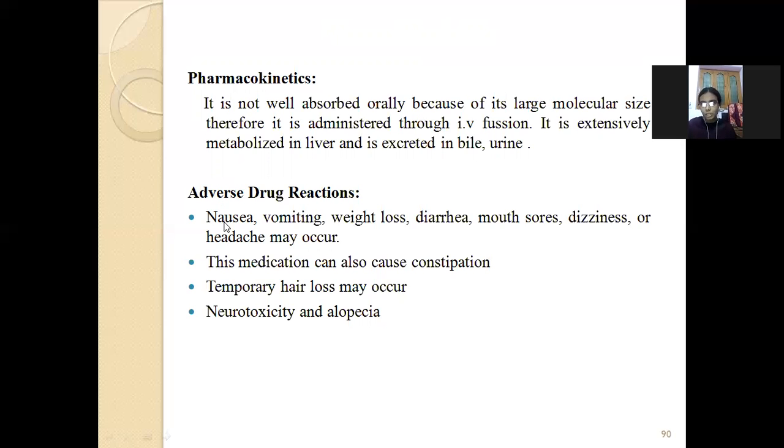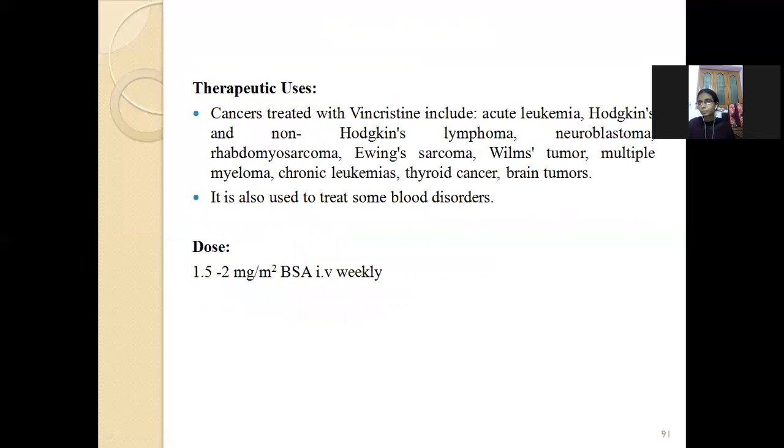Adverse drug reactions are nausea, vomiting, weight loss, diarrhea, mouth sores, dizziness, or headache. This medication may also cause constipation, temporary hair loss, alopecia, and neurotoxicity. It is used in the treatment of leukemia, Hodgkin's disease, non-Hodgkin lymphoma, neuroblastoma, Ewing's sarcoma, Wilms tumors, multiple myeloma, chronic leukemia, thyroid cancer, and brain tumor.